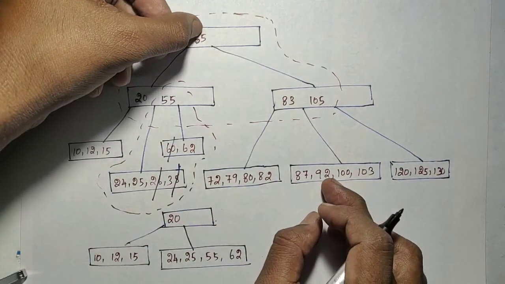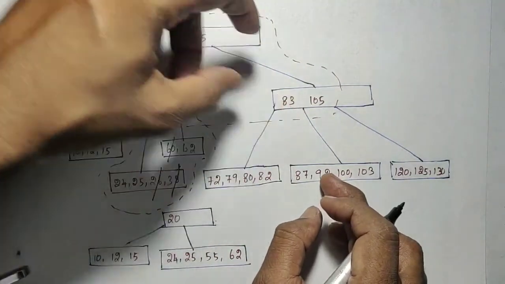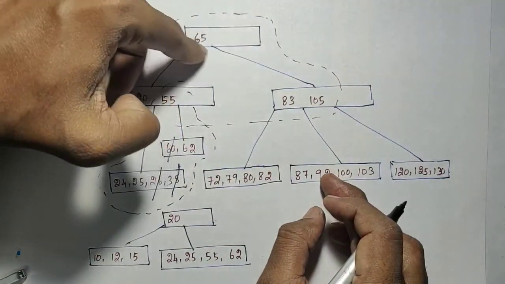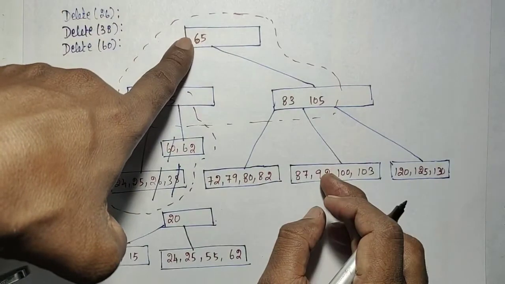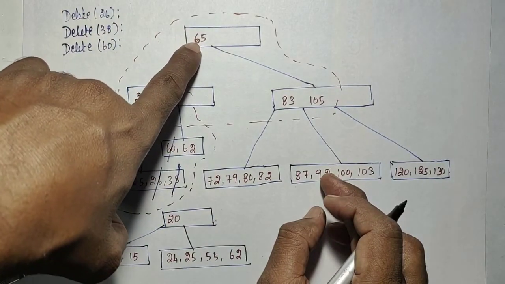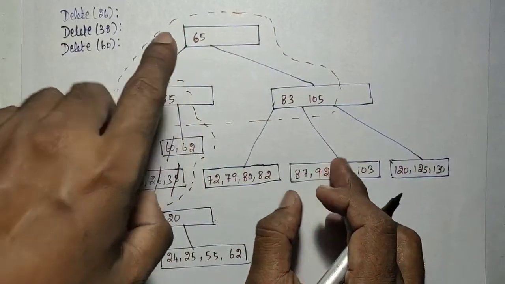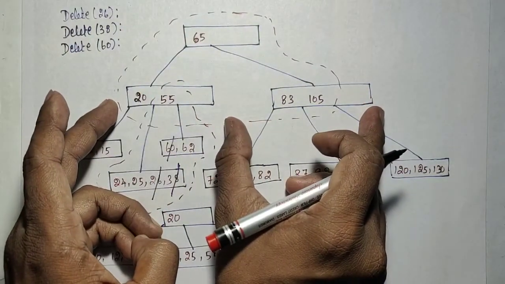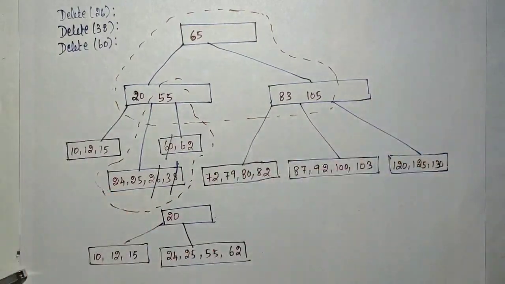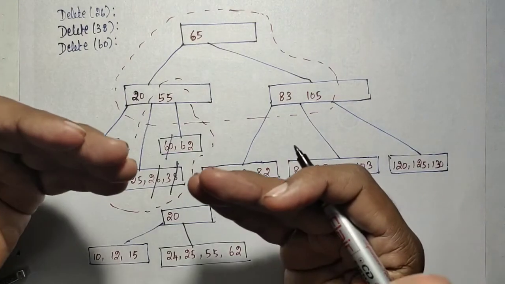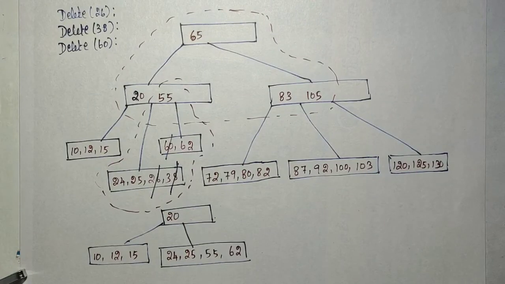Since the 65 is merged to its children, that root is losing information, correct? So the root is not having enough information, so that root is getting deleted. Now that merged node will become the root node, that's all. That means we are reducing one level, correct?